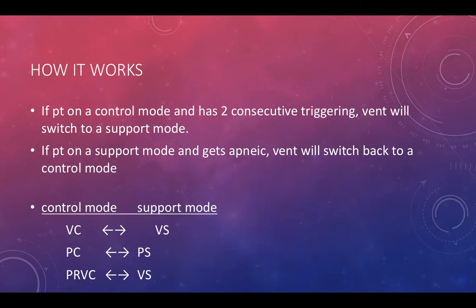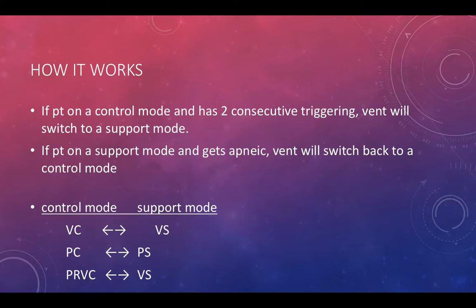How Automode works. On any control mode, we have mandatory breaths and assisted breaths. But when we activate Automode, the patient is relying on the vent and the patient is getting mandatory breaths as long as the patient is not triggering the vent.